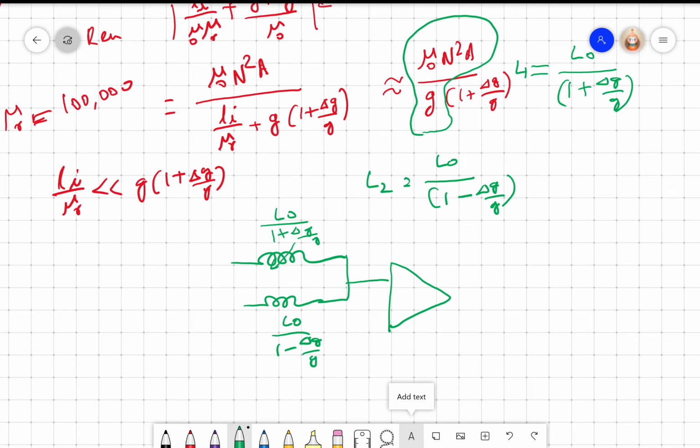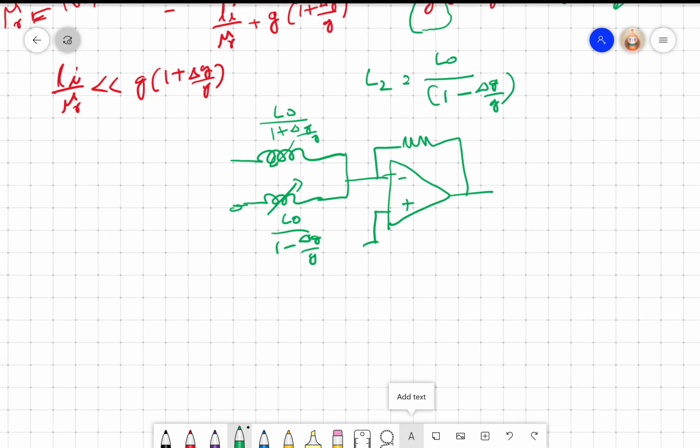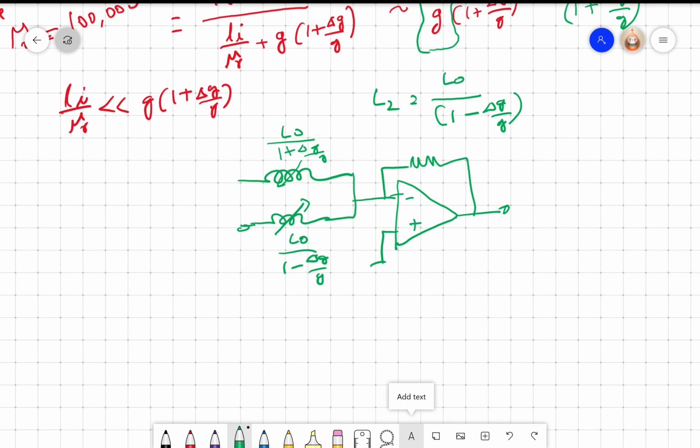When this is reducing, this will increase. And we simply put a resistor here. Okay, so with an op amp, I excite this with minus V angle 0 volts and plus V angle 0 volts. Please remember V angle 0 is root 2 V cos omega t, some excitation frequency.